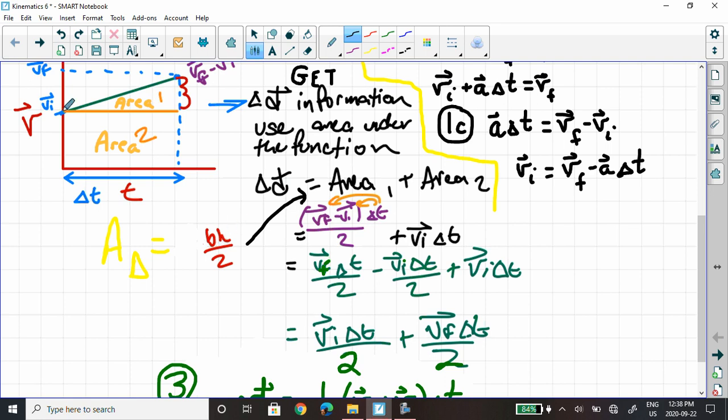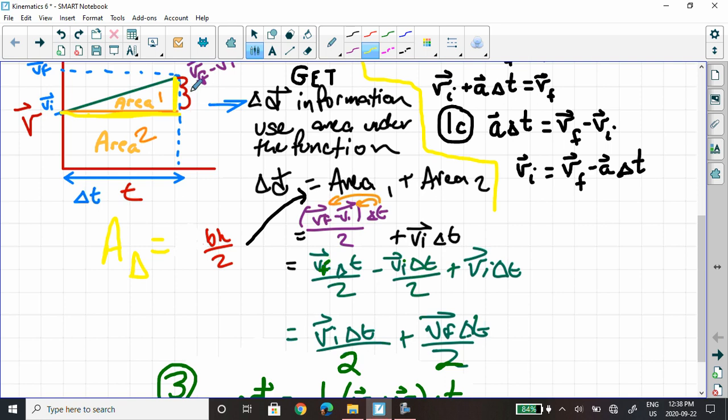The base goes from here to here, and it's along the time axis, x horizontal, which is time. So the base is delta t. What's the height? Well, the height is right there.